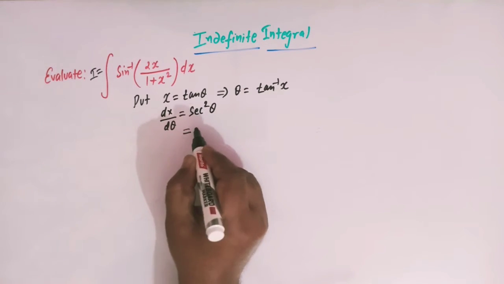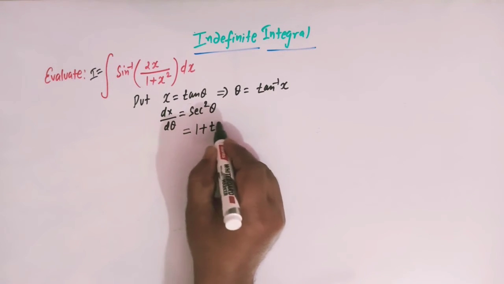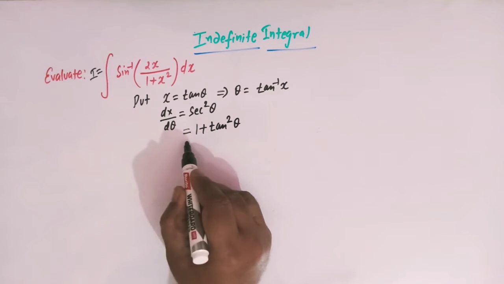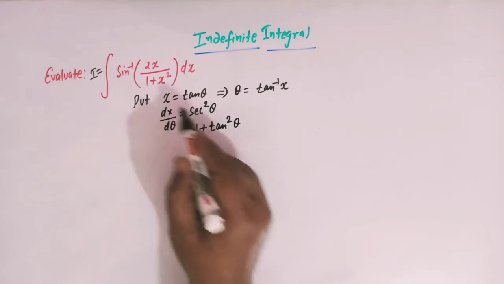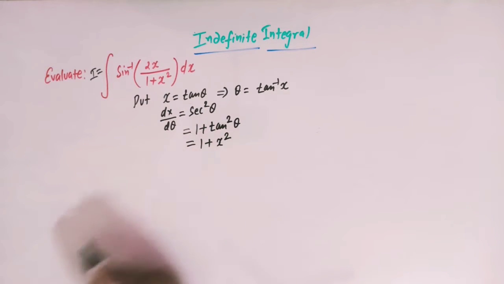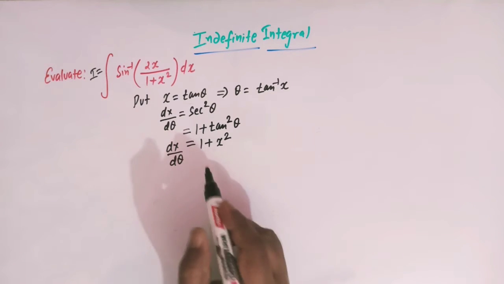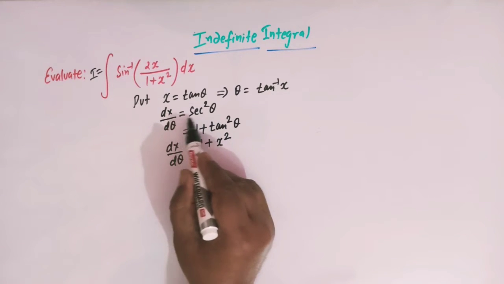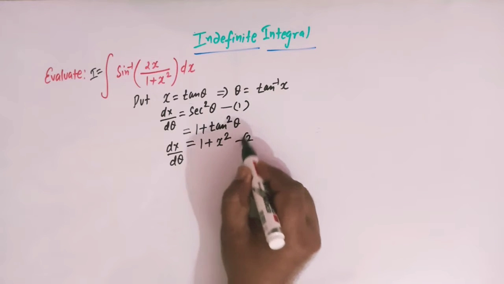And sec square theta can also be written as 1 plus tan square theta, and we can also write it as 1 plus x square. So dx over d theta is equal to 1 plus x square, or sec square theta.